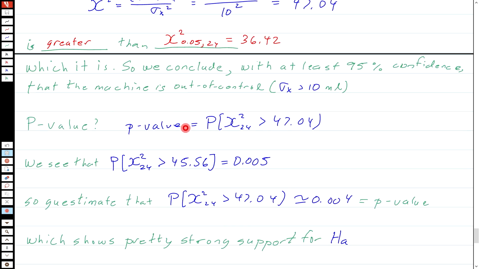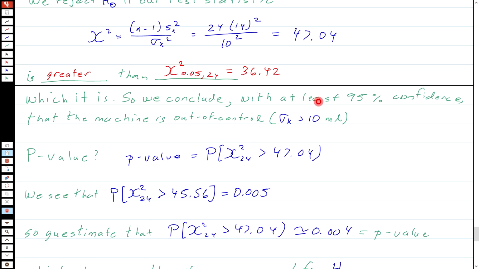What is the p-value? The p-value is the probability that if I were to repeat this, I would see a test statistic at least as big as this in the direction of HA. So HA is greater than, so the p-value is the probability that chi-squared with 24 degrees of freedom is bigger than 47.04.